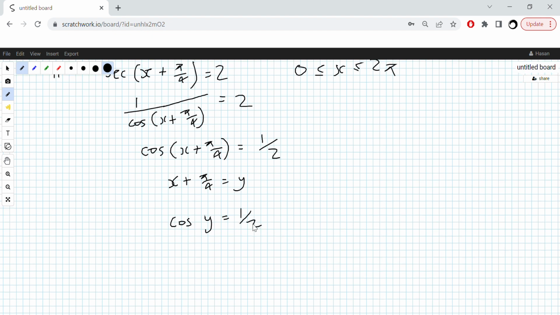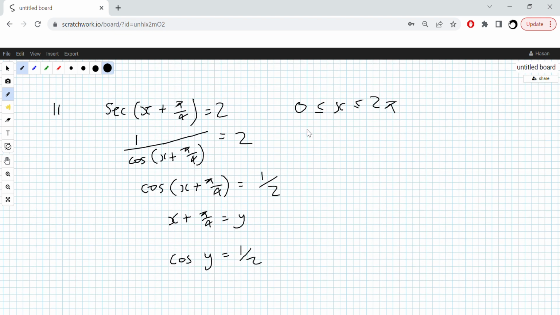Then we need to realize that this interval is only talking about x, but we need to take into account this plus π/4. So we're going to add π/4 to each of these. So it's going to be 0 plus π/4, which is just π/4.